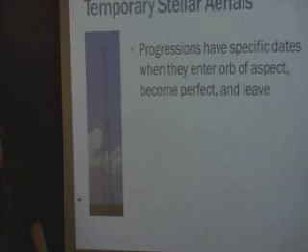What this means is, depending on the planets involved, progressions have specific dates when they enter, specific dates when they reach their peak of power, or when we say the aspect has become perfect, and they have specific dates when they leave.